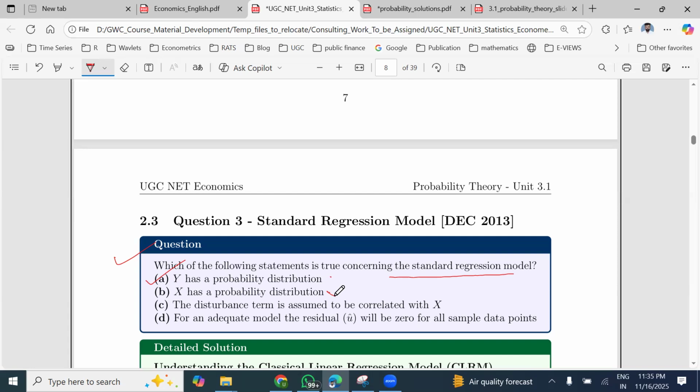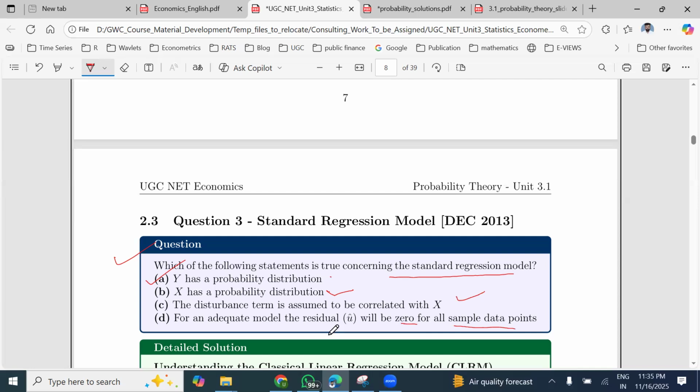But I have no idea about regression. Okay. The disturbance term is assumed to be correlated with X. Is it true or not, Madhusudha? Sir, true. Okay, so everything is true only. For an adequate model, the residual U hat will be 0 for all sample data points.